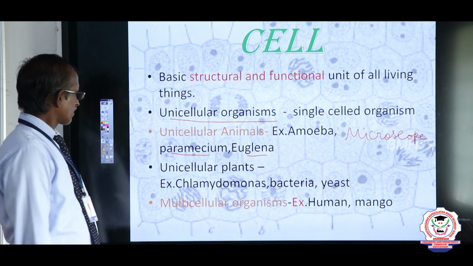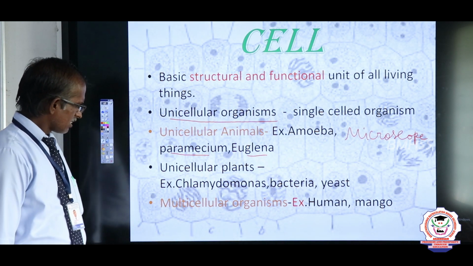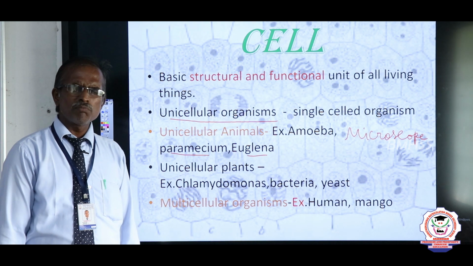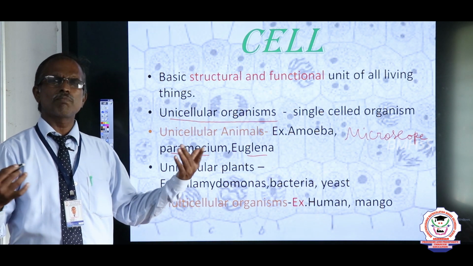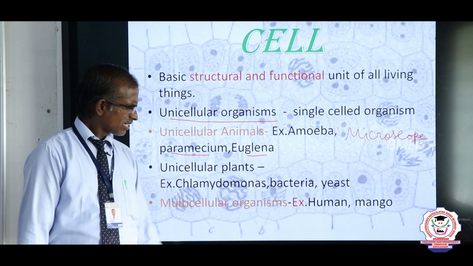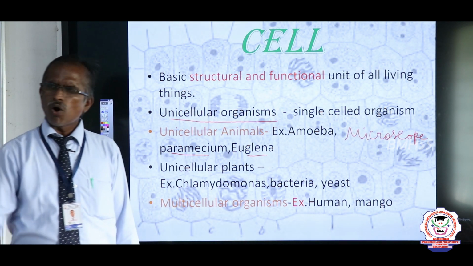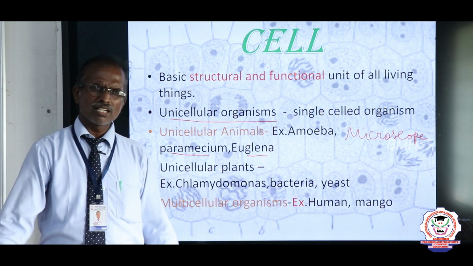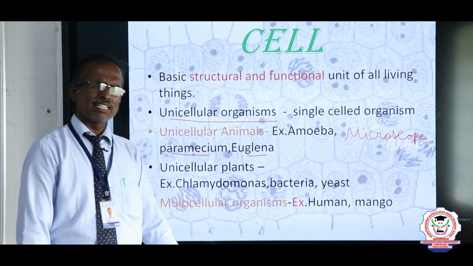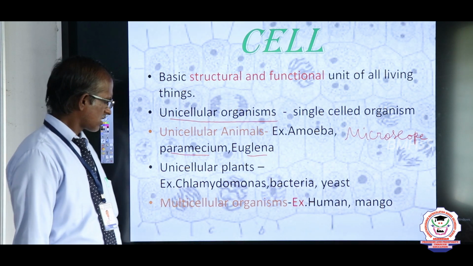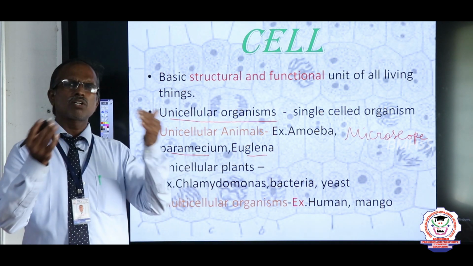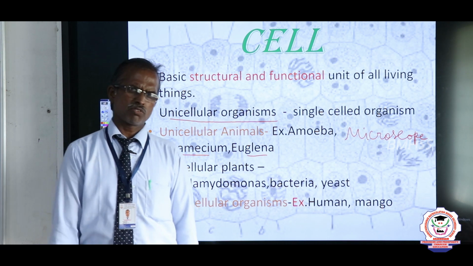On the other hand, multicellular organisms have bodies made up of many billions of cells, as in human beings, large trees, and various animals. A group of cells forms tissues.